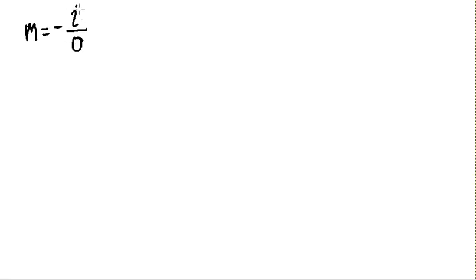If it's virtual and upright, that makes this negative, which cancels out that negative. So this means our magnification factor will be positive when the image is virtual and upright. And if this is positive, then this is going to be negative, then this whole fraction is negative, meaning our magnification factor is going to be a negative number.